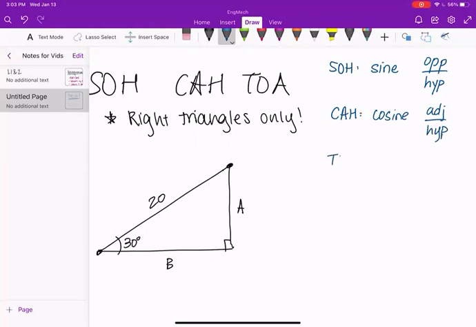And then the TOA part, sorry, refers to the tangent function, and it relates the opposite side and the adjacent side.